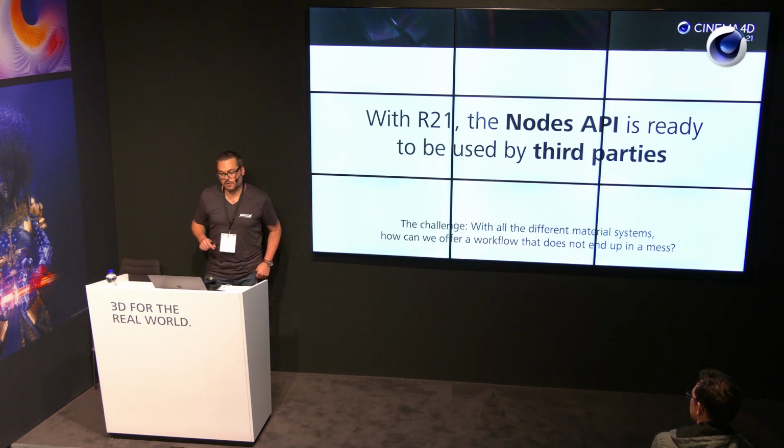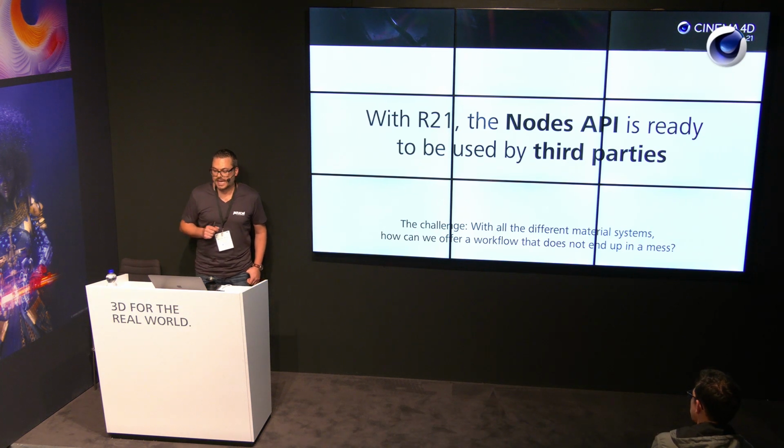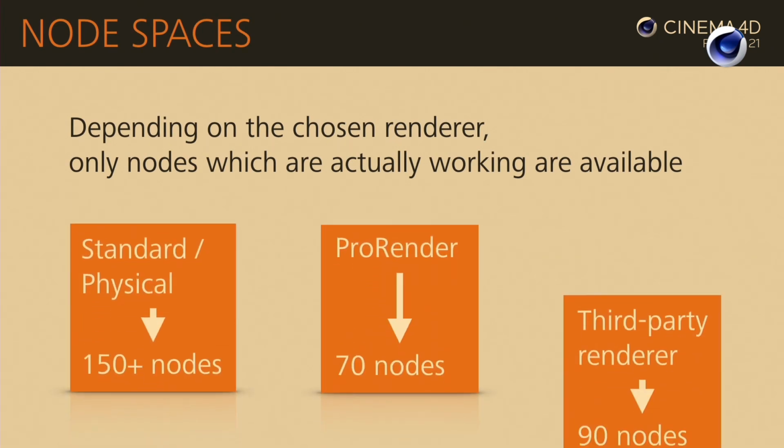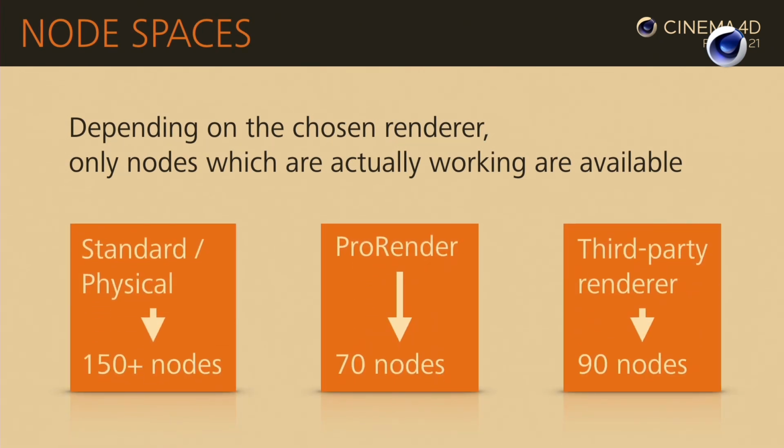The challenge was, of course, with all the different material systems, how can we offer a workflow that does not end up in a mess? Because you start the standard renderer, and then you have materials there that are probably for physical or for ProRender or whatever. And we came up with the idea of node spaces. Depending on the chosen renderer, only nodes which are actually working are available.